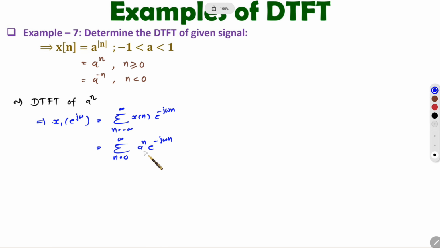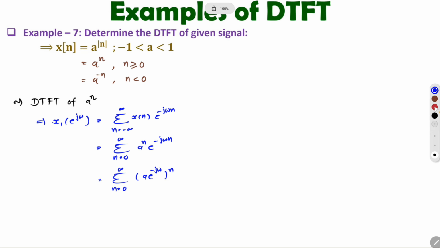Before I solve this, let me simplify this term first. One can say this term is a times e to the power minus j omega, to the power n. That is the basic simplified version. Now with this we can apply a rule of series.